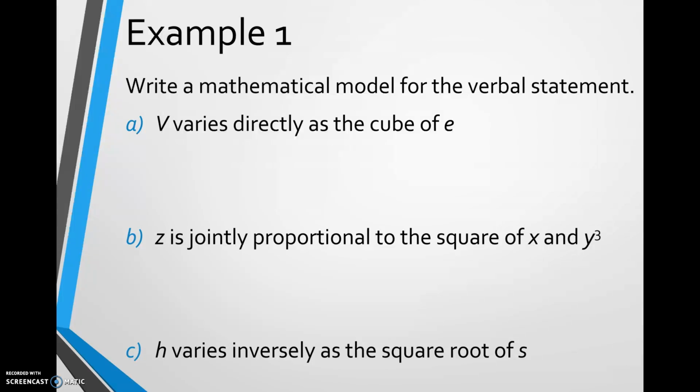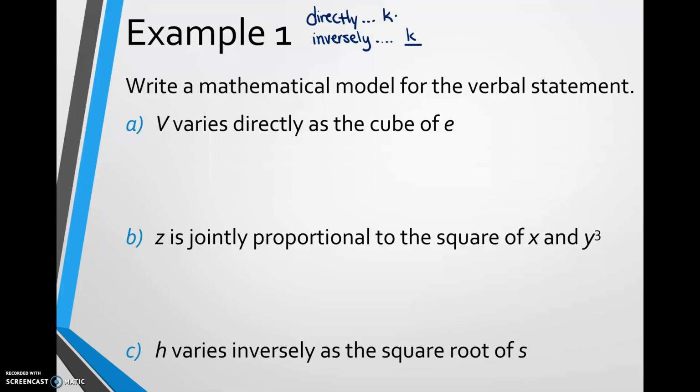And the key here, and you might want to write this at the top, if it says directly, then it's k times whatever the other variables are. If it says inversely, then it's k divided by whatever those other variables are. And jointly is another version of directly.